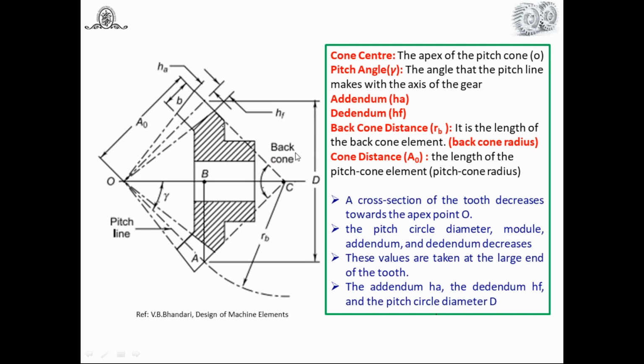So always take the dimension at the large end, because PCD, module, addendum, everything varies and decreases towards the apex. That's why we take it at the large end. It's a general practice. That's why the addendum HA is shown at the large end, the dedendum HF is shown at the large end, and D is also shown at the large end, that is capital D. Okay, I hope you are getting this point.